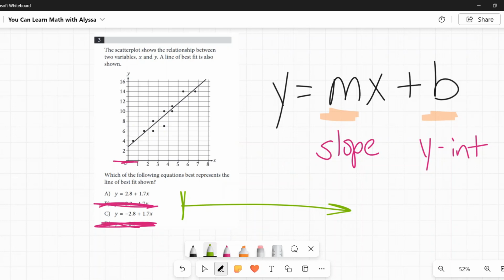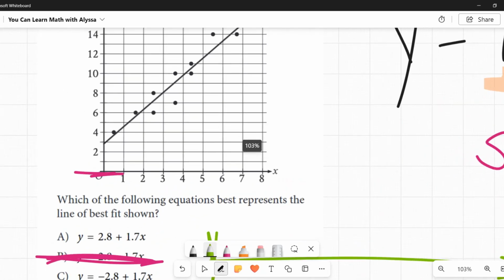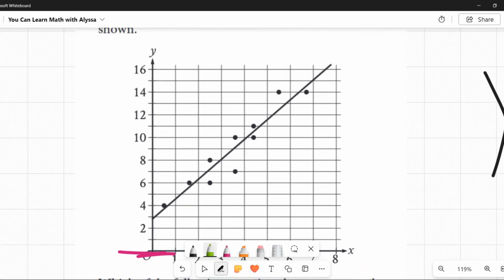That's just a general rule of thumb. If you forgot that fact when you're on the test, another thing you can do is rise over run. You take 2 points on the line, and just getting close is going to be good enough. So maybe that point, and where's another one where it comes close to an intersection? There's a point right there.